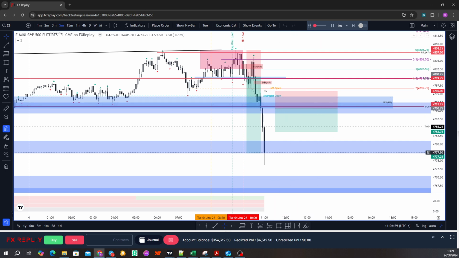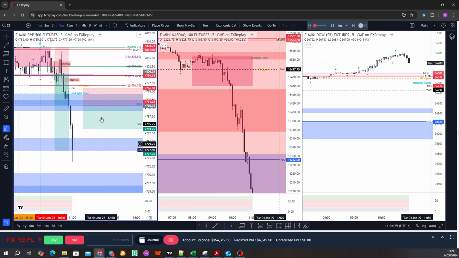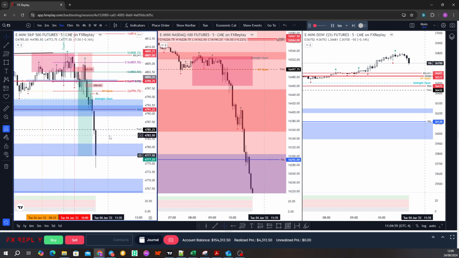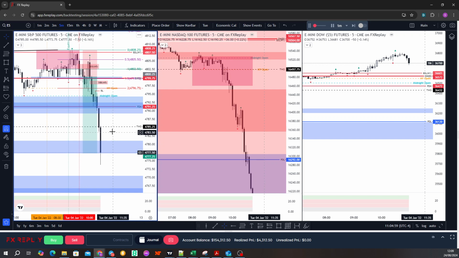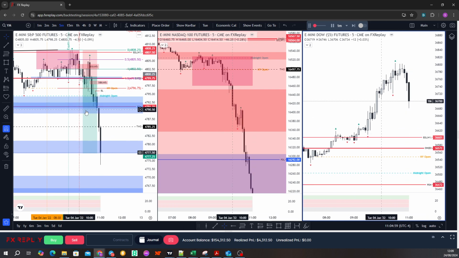Alright, good. So we got the trade. There's this trade here. Let's continue, as you can see, we're in the macro, hence the displacement lower. But let's continue, 5 minute.